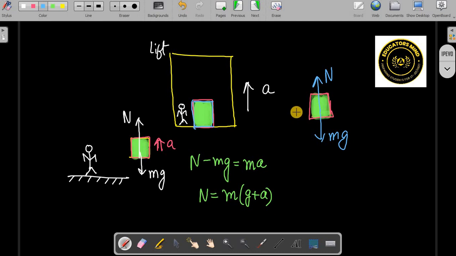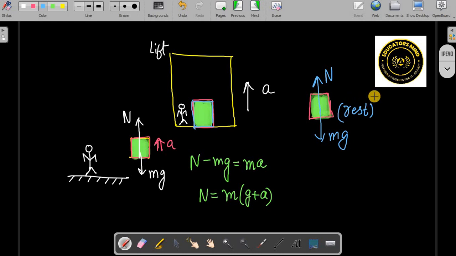But you need to note that the observer does not find this to be accelerated, because the observer is also under acceleration, right? The observer is in the lift, he is under the same acceleration as the block, so he does not find the object to be moving. So according to that observer in the lift, this object is at rest.